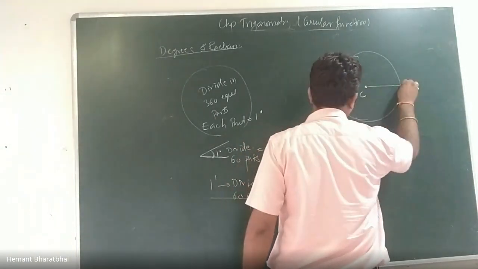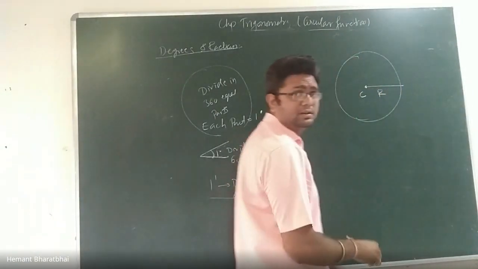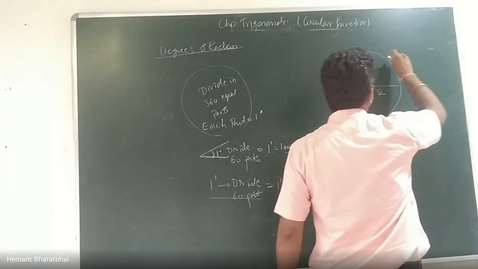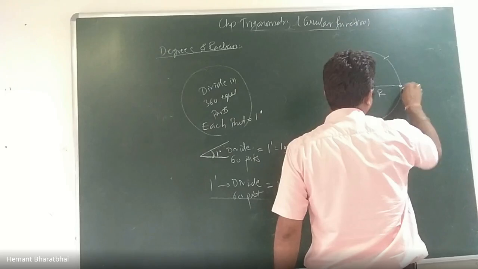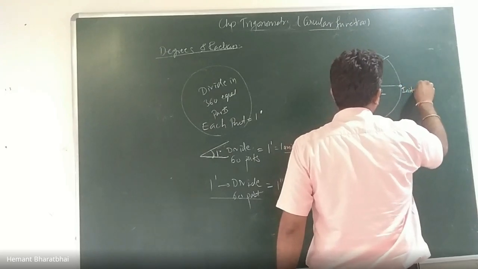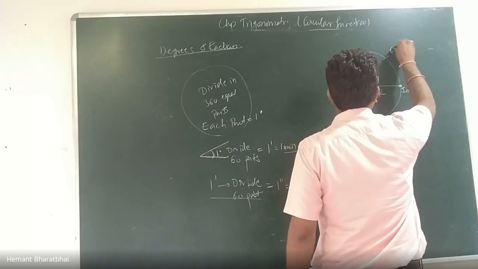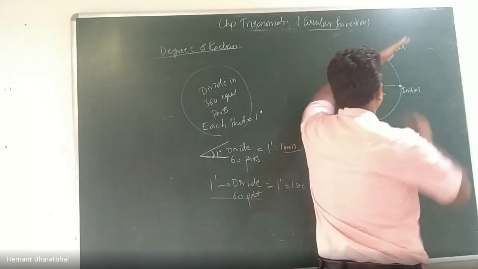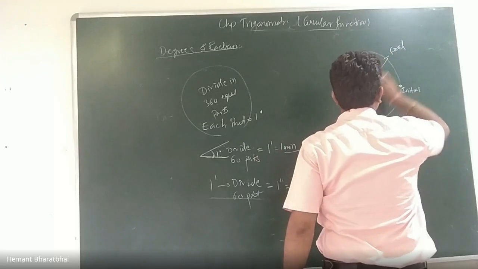This is the center of the circle, this is the radius of the circle. Now, if I take the same distance and mark it over here, this is my initial position and this is my final position. So I rotate this by this much amount so that I go to my final position.